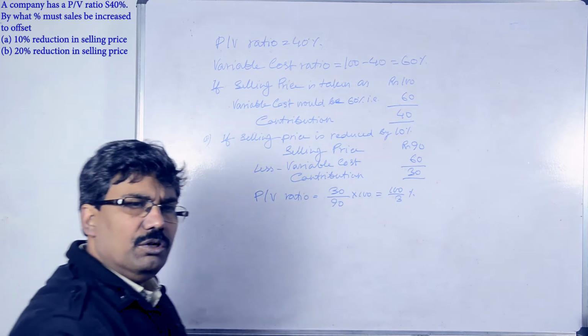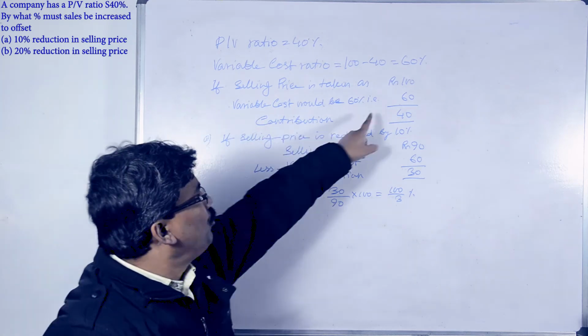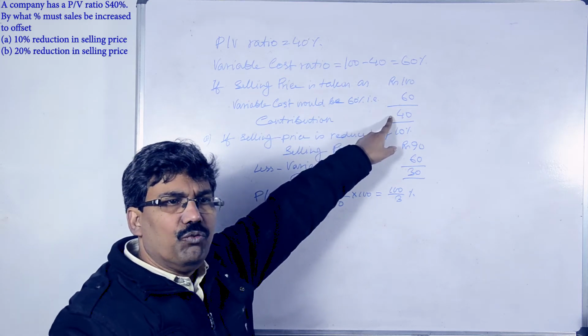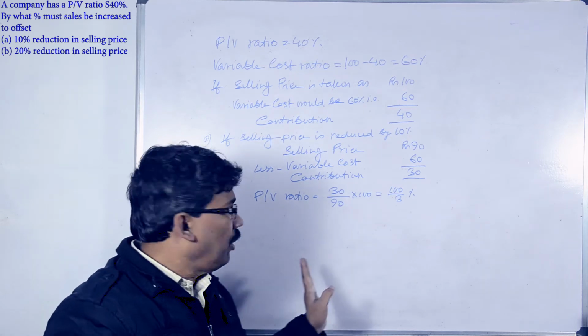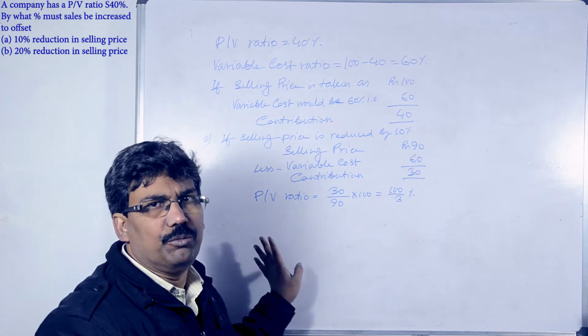If you want to earn the same level of contribution, last time the contribution was rupees 40. If you want to earn this 40 contribution, then what will be the sales to be calculated now? Because we have to find out the same contribution to earn, what will be the selling price.